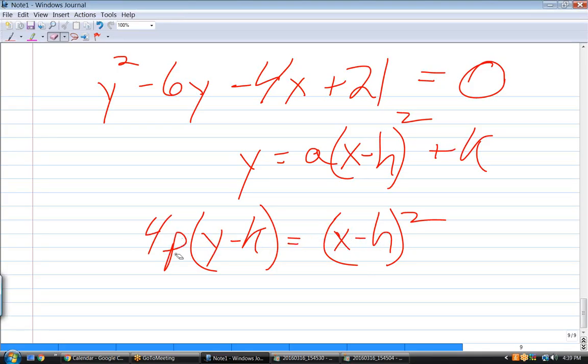P being what? Is it the focal width? It's the distance from the vertex to the focus.